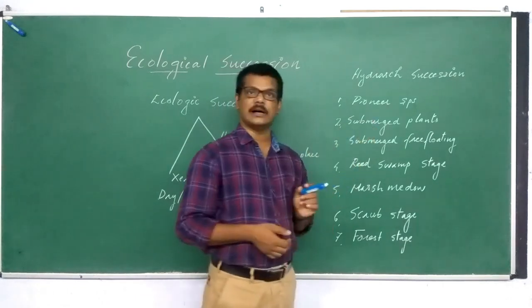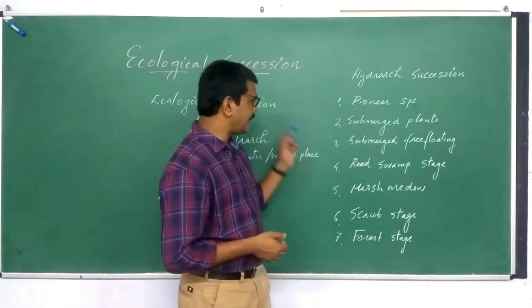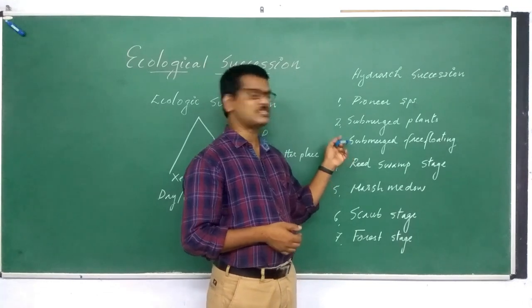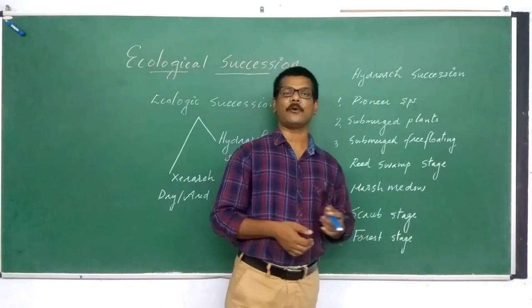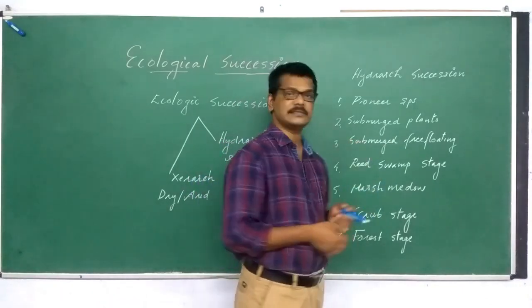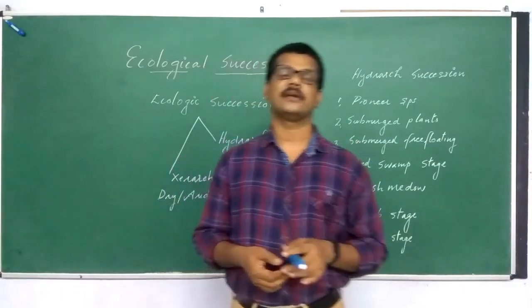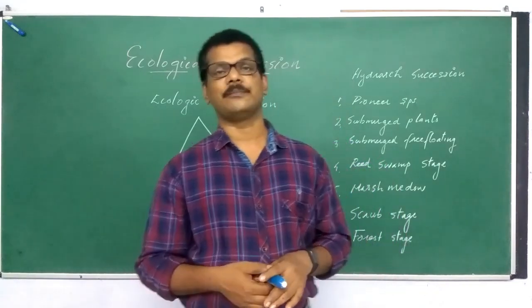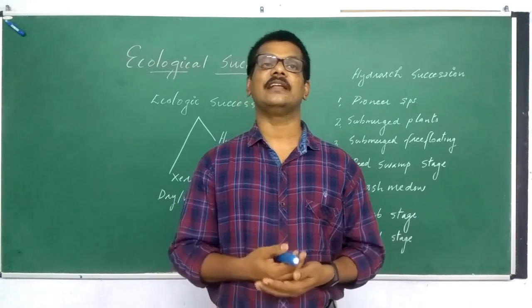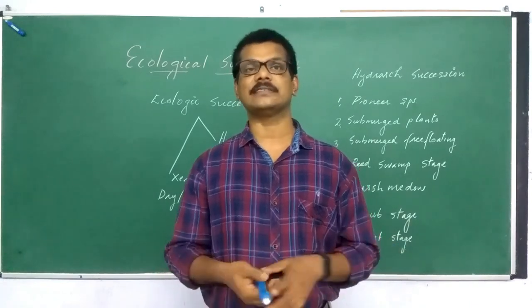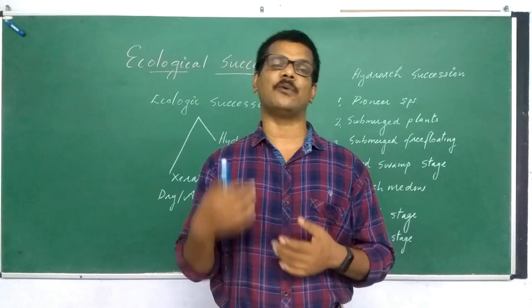The submerged stage is replaced by yet another transitional community known as the submerged free floating stage. In this transitional community, Nymphaea, Pistia, and Eichhornia, these species will invade from nearby places, either in the form of seeds or spores.